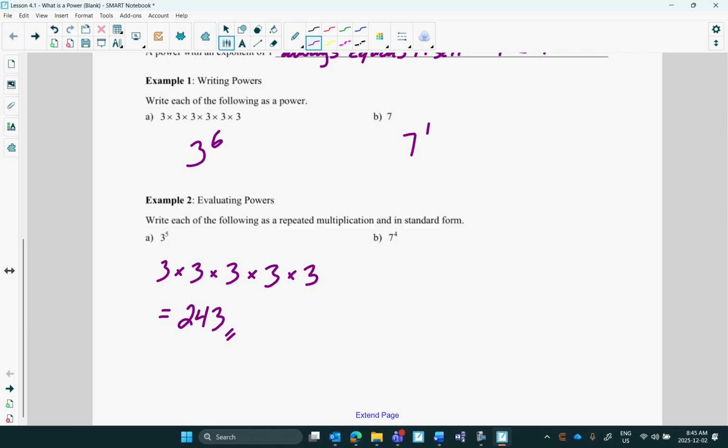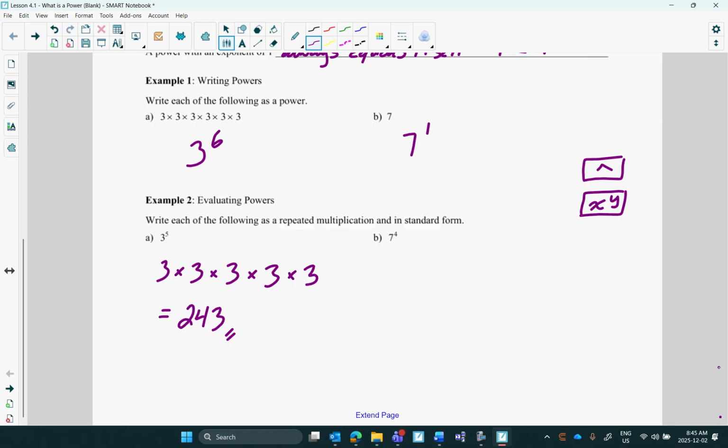There is a power button on your calculators. You don't have to go 3 times 3 times 3 times 3 times 3. Usually the power button looks like a little hat, or it might look like this, X to the Y. So you would punch 3, then this, then 5, then equals, and get your answer.